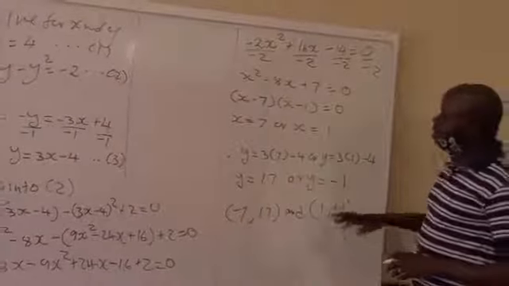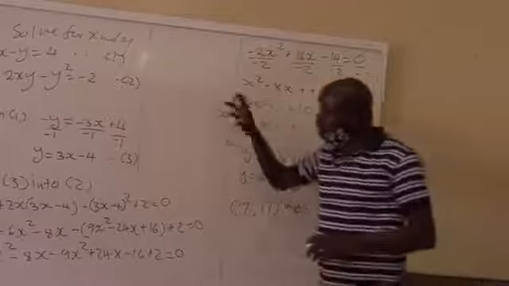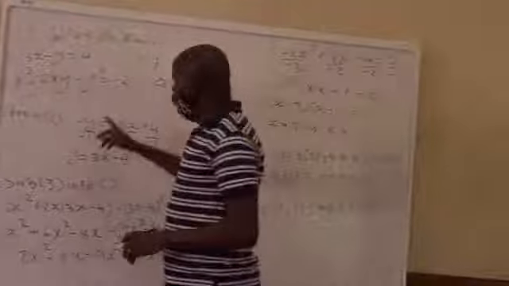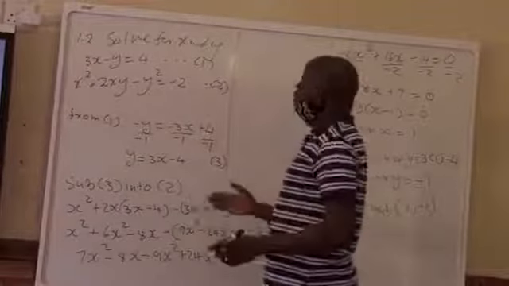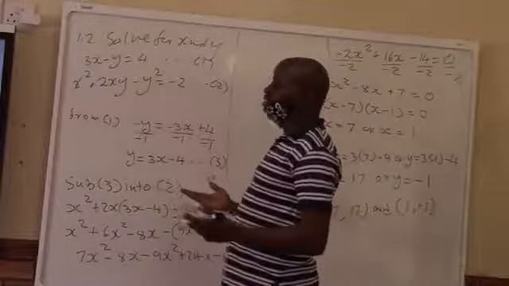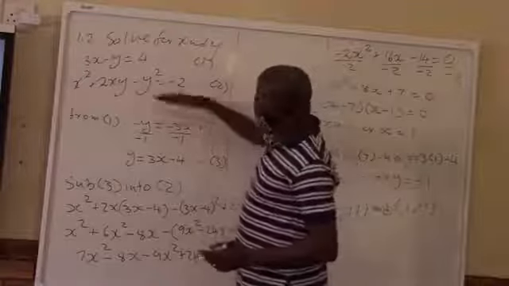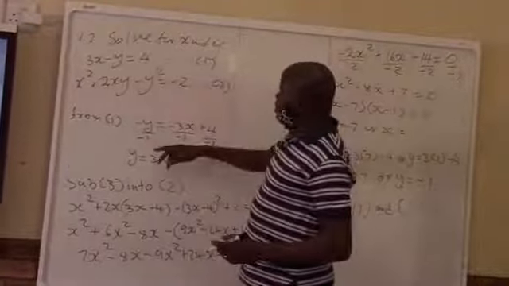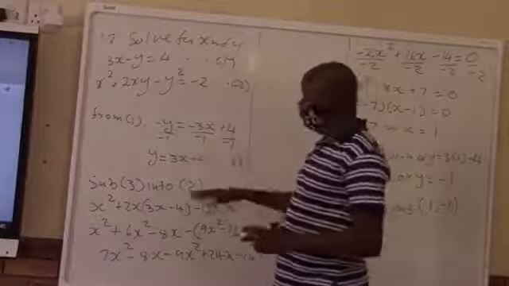So simultaneous equations are dealt with in such a way that you just do it that way. You will be given two equations with x and y in most cases, or any other two different variables. From one equation you make one of the variables the subject of the formula.